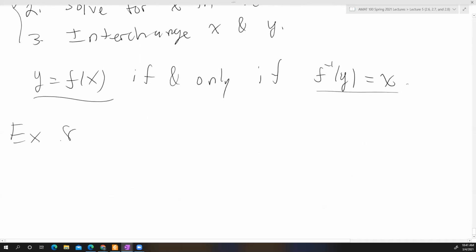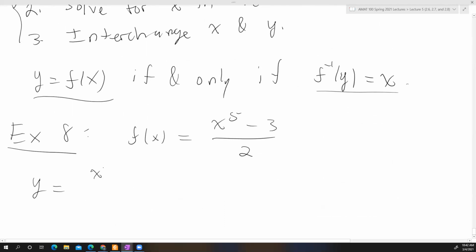This is example 8. We have f of x is equal to (x to the 5th minus 3) divided by 2. We're going to set y equal to this function, and then solve for x. So I'm going to multiply both sides by 2 to get this, and then add 3 to both sides to get this.